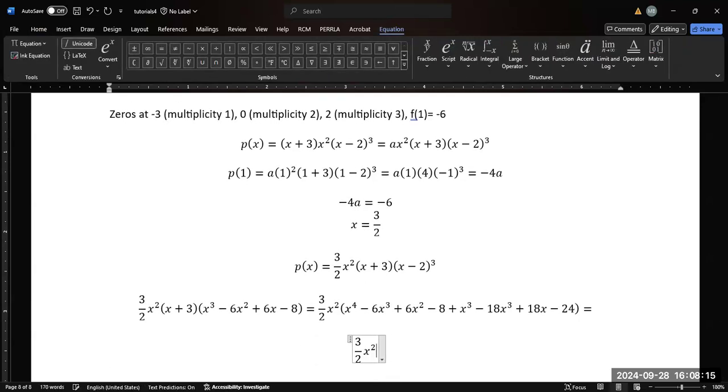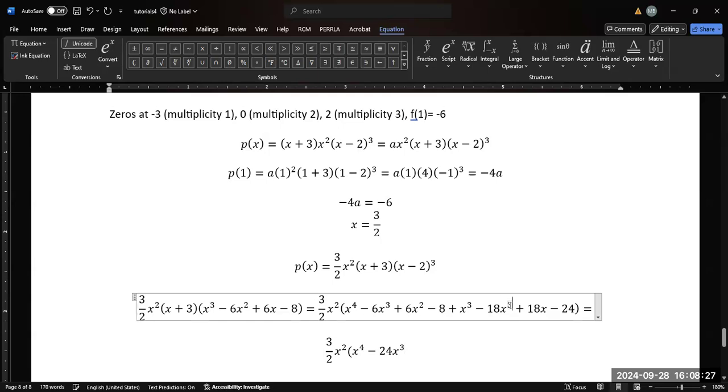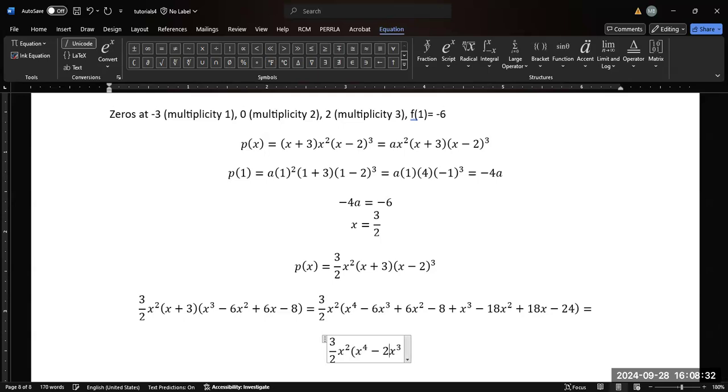Then again, before we do the last bit, we'll simplify. Negative 6 plus 3 is negative 3, so negative 3x cubed. Nope, this one is a square. Let's try again. Negative 6 plus 1 is negative 5.